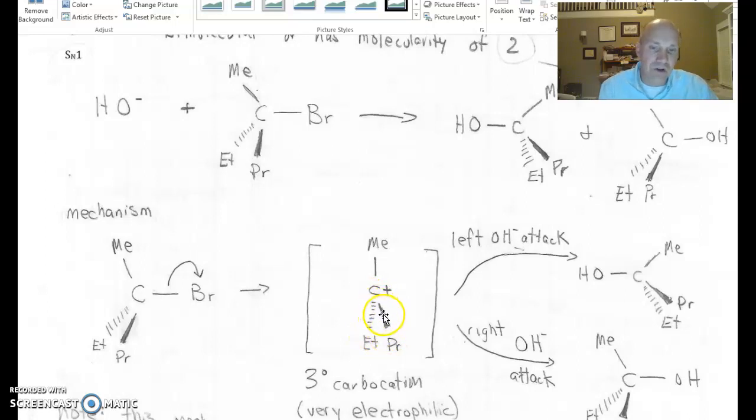Obviously I've got to draw it a little from the side so you can see there are two groups down here, but if I turn this, it would make a complete upside down letter Y. This thing is what you call a tertiary carbocation. The tertiary comes from the fact that bonded to this carbon are three different carbons: a methyl group, an ethyl group, and a propyl group. So each bond would be to a carbon.